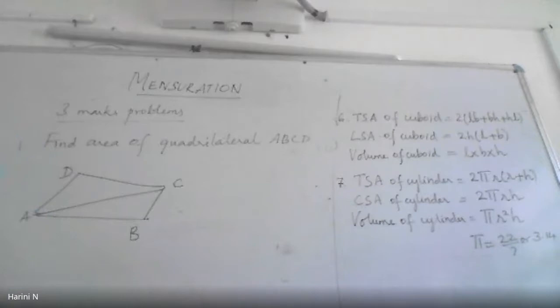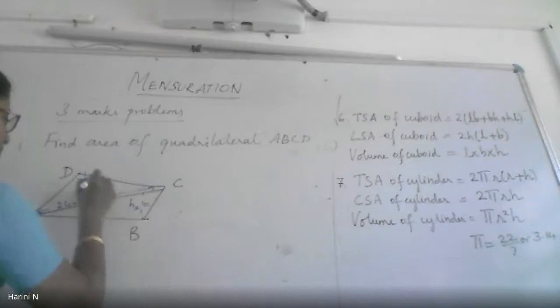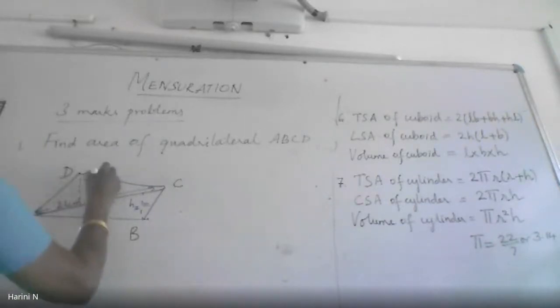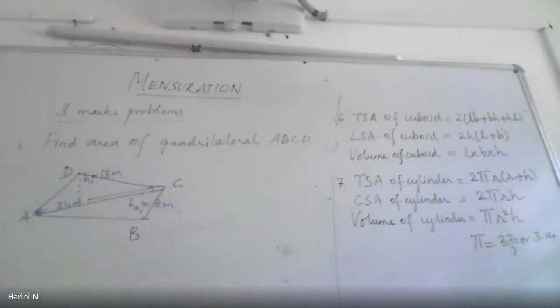The diagonal is given as 24 meters, and then you have the 2 heights h1 and h2 given as 13 and 8. Now find the area of this quadrilateral.